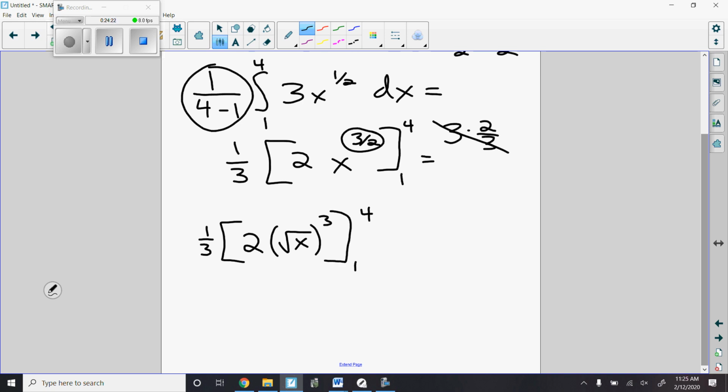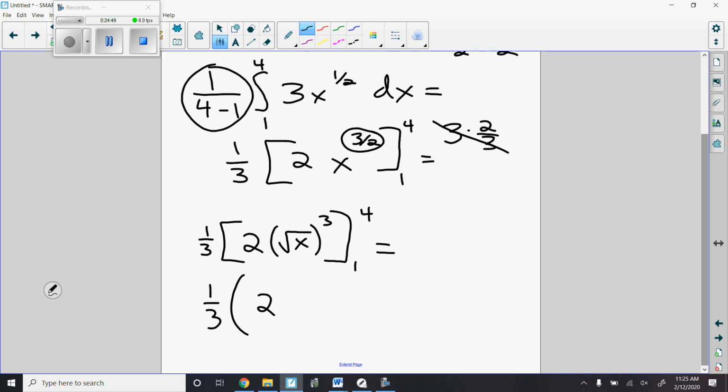Okay, and again, I keep writing my 1/3. And in fact, we talked about throwing the constant out front. You can do that here, and you can pull that 2 out, and 2 times 1/3 would be 2/3. So you're welcome to keep your 2/3 out front if you want, or you can keep it in there. It'll give you the same solution. I'll keep it in there, but I'll show you what it would look like pulled out as well.